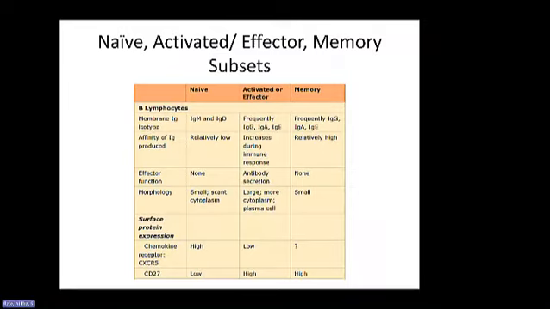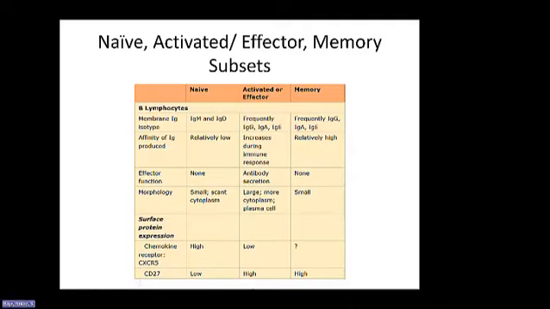Similarly, B cells have various markers on their surface. So CXCR5 is positive on naive B cells, but they are low on CD27, whereas activated or memory B cells will have CD27 on them, and that's a marker for either of those classes.